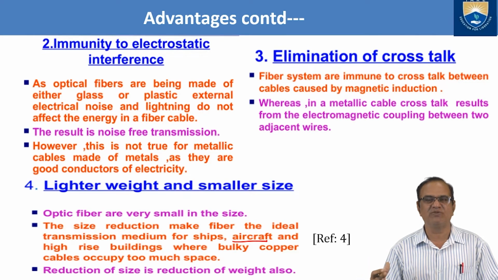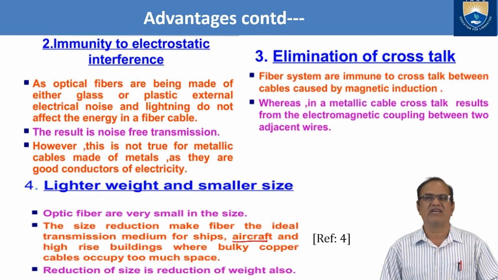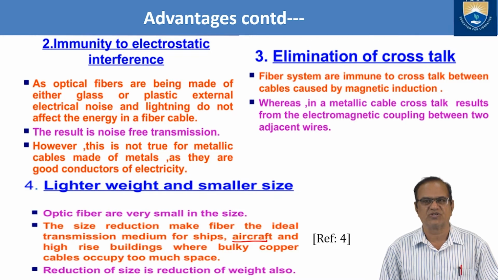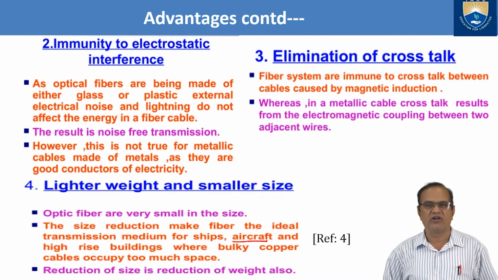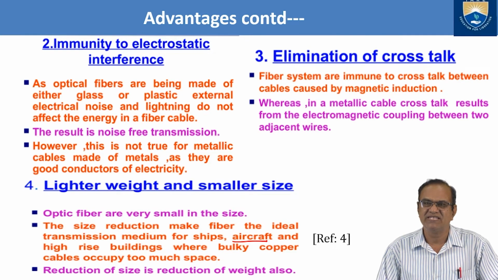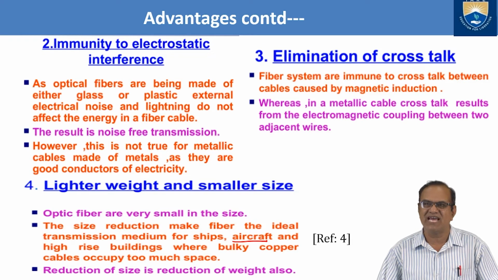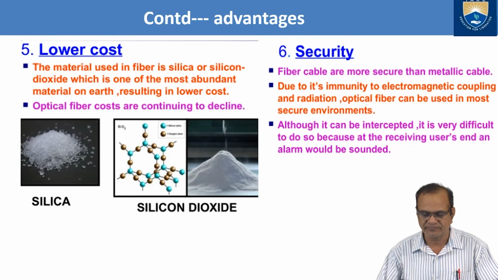The design should be in such a way that the aircraft weight is minimum. And if we use fiber optics, the weight of the aircraft is tremendously reduced. Nowadays we use fiber optics in most modern aircraft. Reduction of size is reduction of weight also.